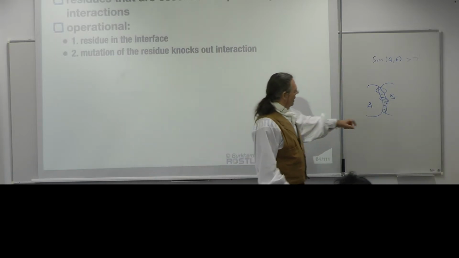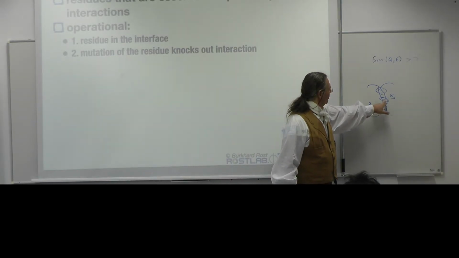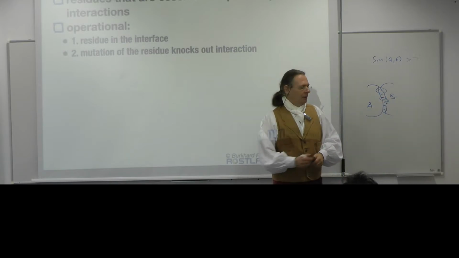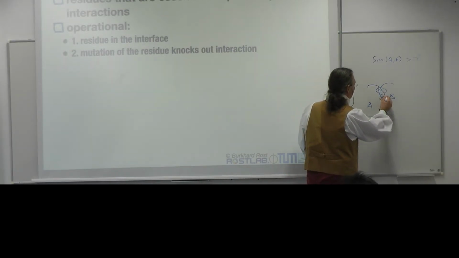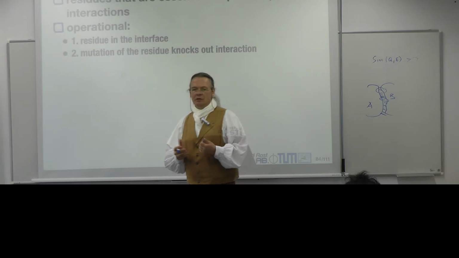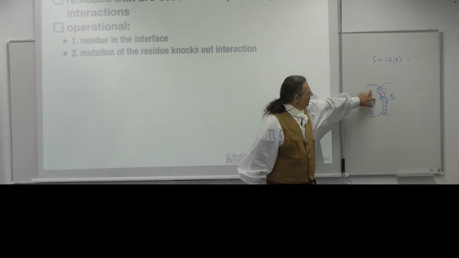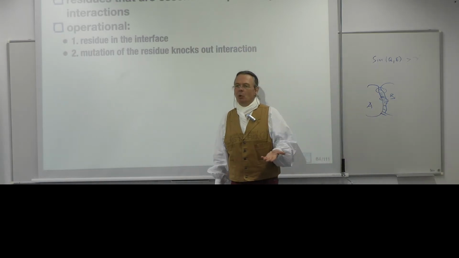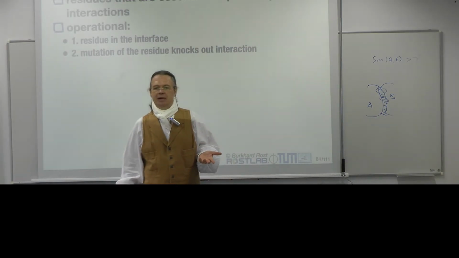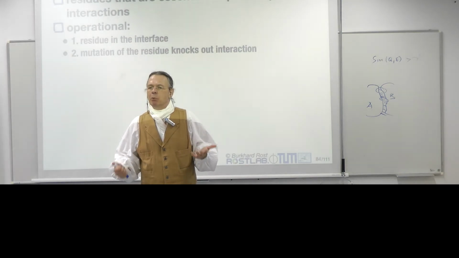So in the way I draw it here, I have 1, 2, 3, 4, 5, 6, 7, 8, 9, 10 residues that maintain this interaction. They would be hotspots if their contribution would be much more than 2 out of 10, or 1 over 5. So it would be much more than proportional.